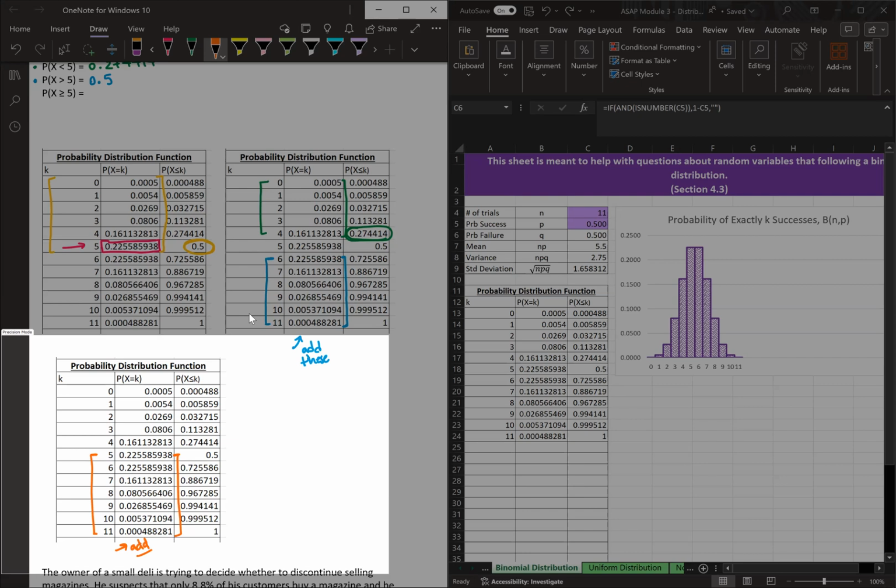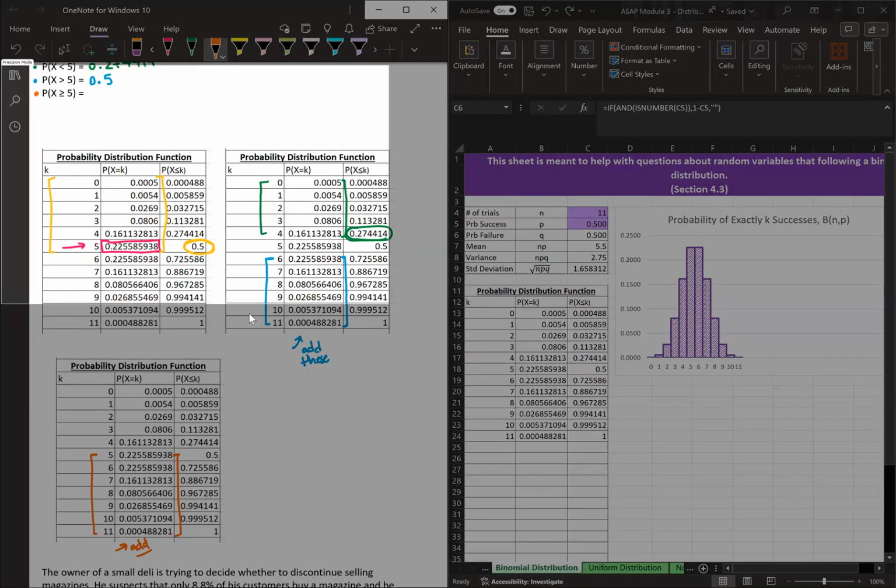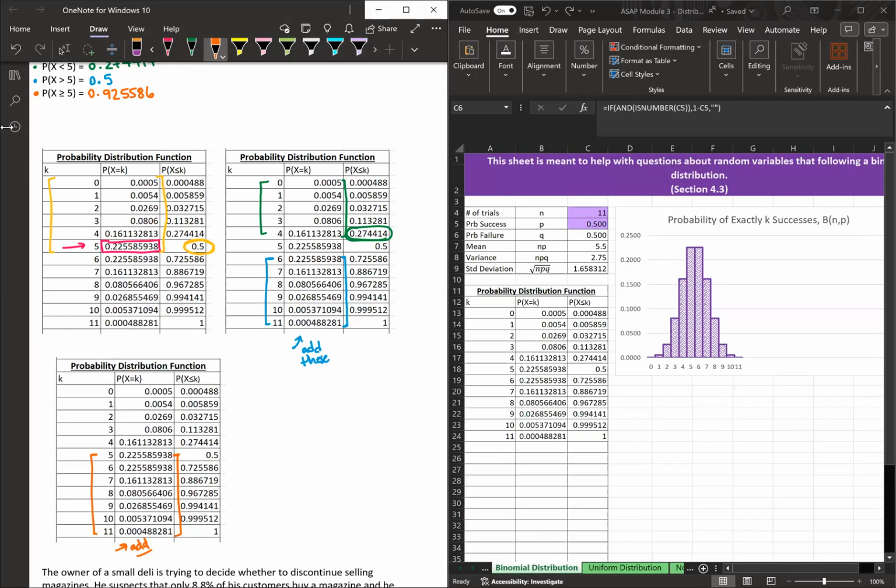The 0.2255, 0.2255, the 0.1611, 0.08, 0.026, 0.005, 0.0004, and so on. Add all those, and what you're going to get is 0.7292.